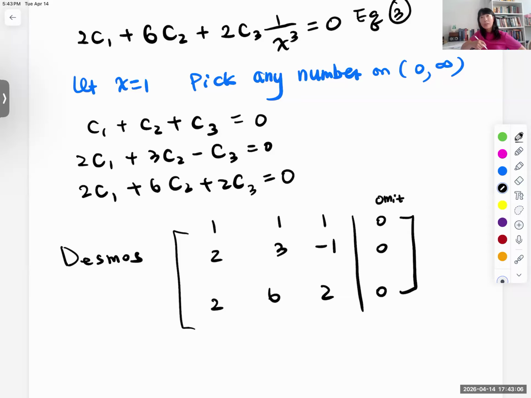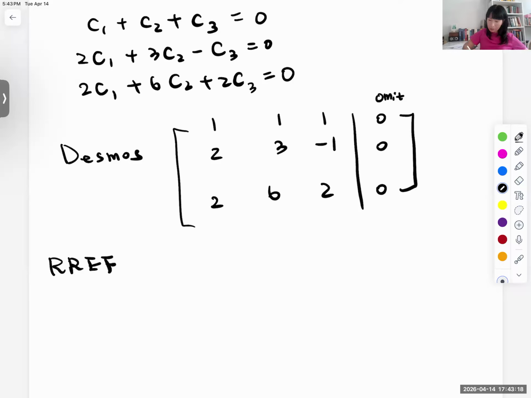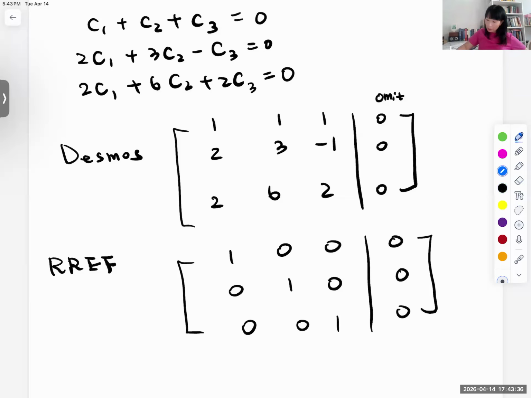All right, reduced row echelon form. So what do you get? We get 1, 0, 0, 0; 0, 1, 0, 0; 0, 0, 1, 0. So there will be c sub 1, c sub 2, c sub 3.